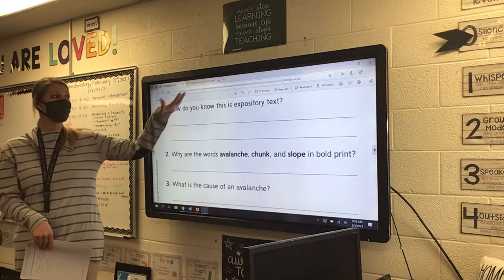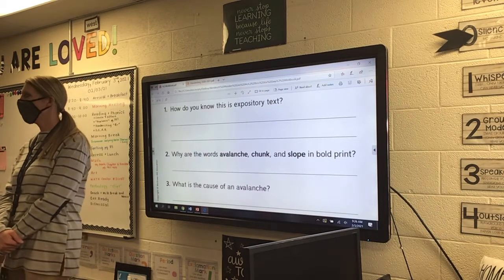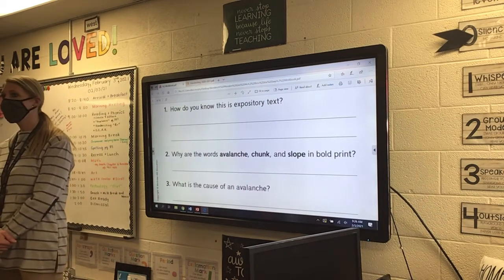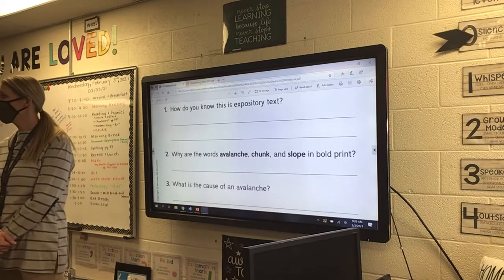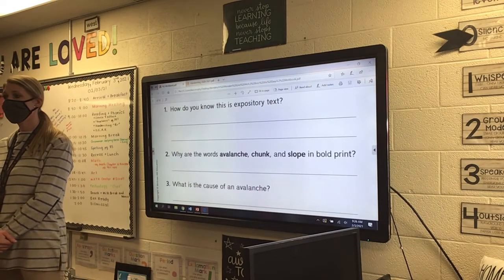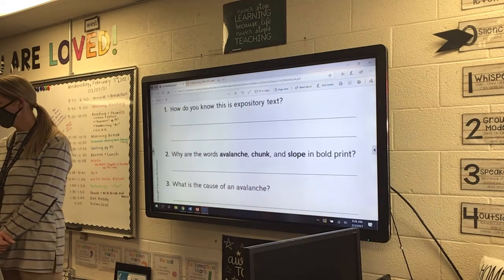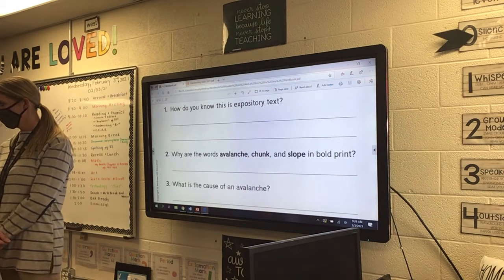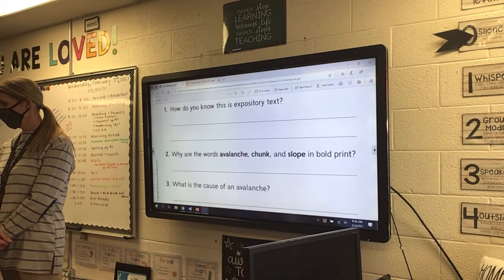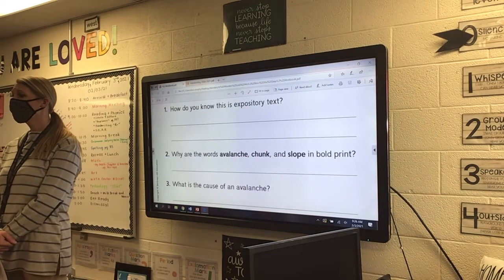How do I know that that story and this story are both expository texts? How do I know it's not a make-believe story? How do I know that it's real? Expository is real.